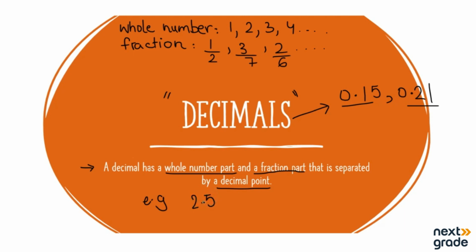For example, if we have a number that is 2.5, right? We have a number that is 2.5. So the point in the middle, that is a decimal point. इसको हम क्या कहेंगे? ये क्या है? Decimal point है. And the one number that is on the right side of the decimal point, इस number को हम क्या कहते हैं? इसको हम कहते हैं fraction part.